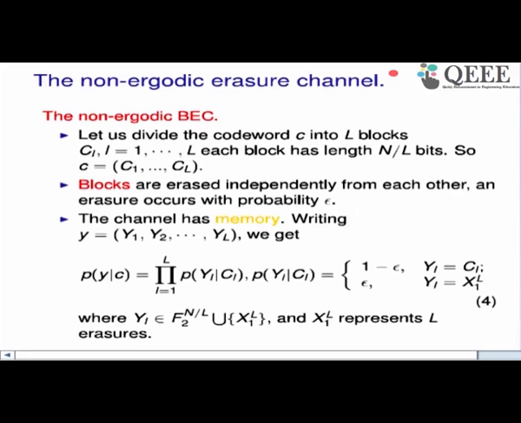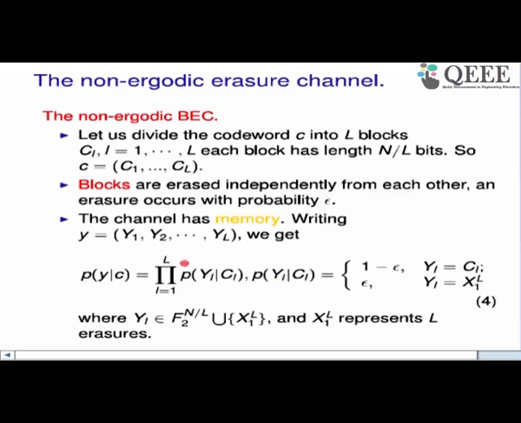So you have the received vector y consisting of L blocks, and your channel is characterized by the transition probabilities: you transmit the code word C, receive Y, and it is divided into L independent blocks. So it is the probability that each block erases or not.